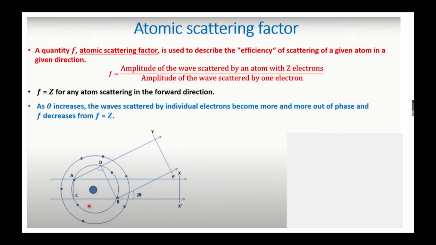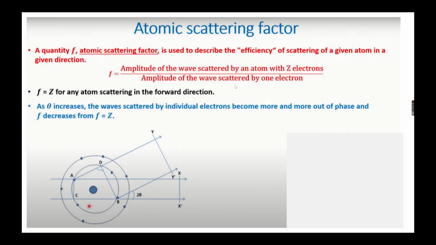This is represented by the amplitude of the wave scattered by an atom with Z electrons, divided by the amplitude of the wave scattered by one electron.